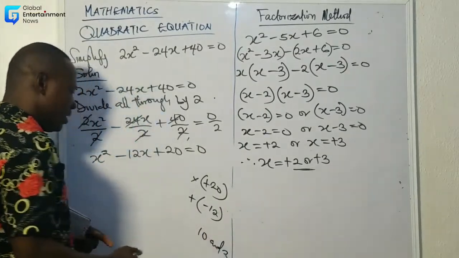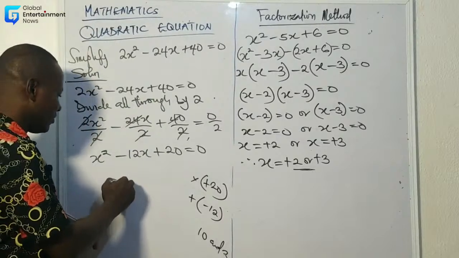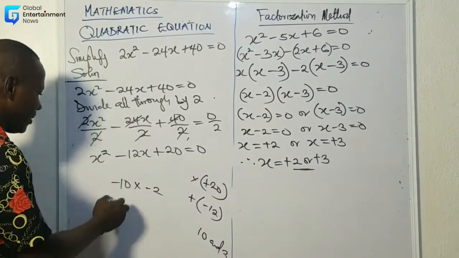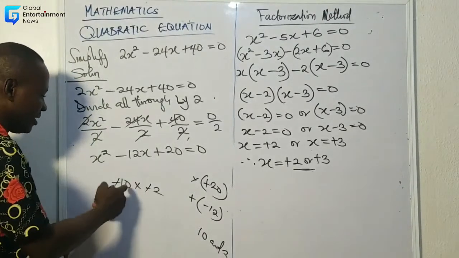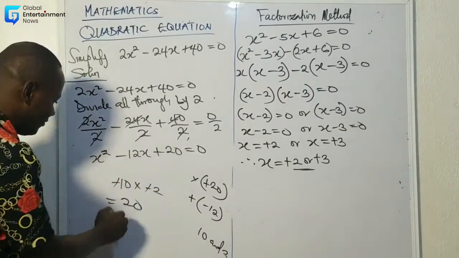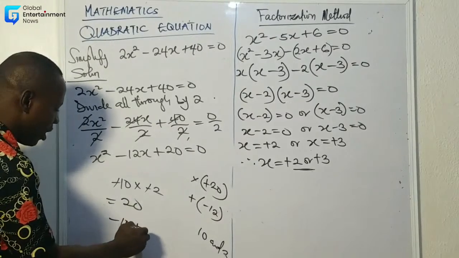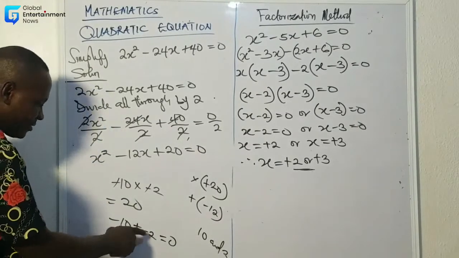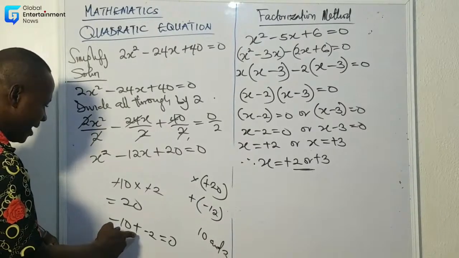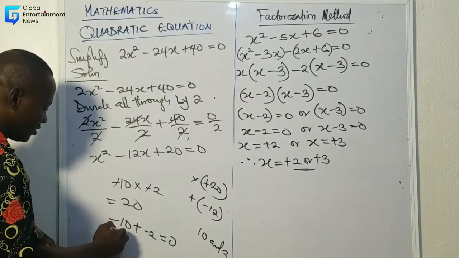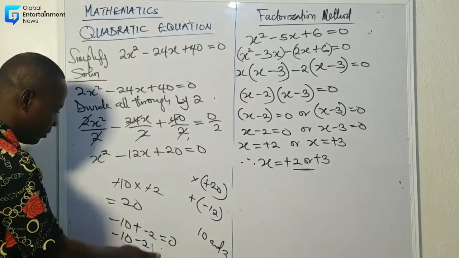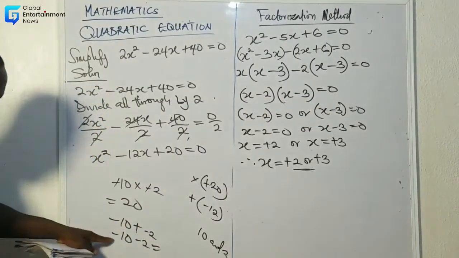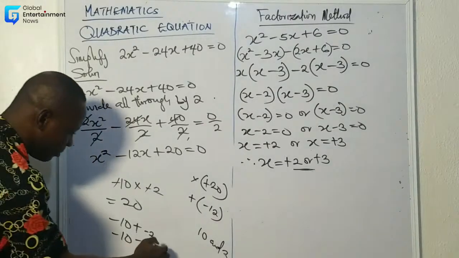If you say 10 and 2, that means we have minus 10 times minus 2. Minus times minus cancel, so 10 times 2 is 20. And if we say minus 10 plus minus 2, plus times minus is minus, giving us minus 10 minus 2, which is minus 12.